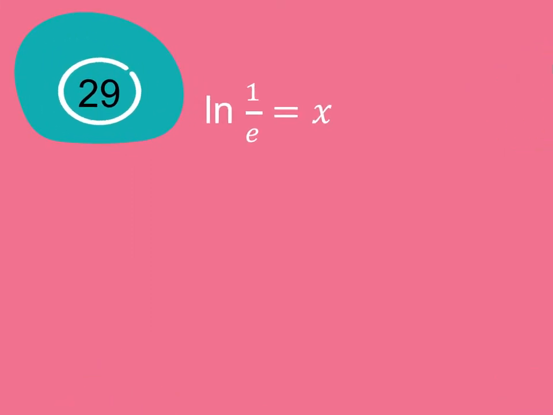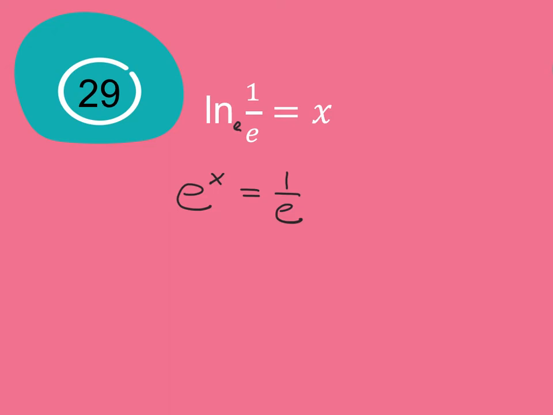So here we have our natural log form. We are going to change this into exponential. So let's go ahead and rearrange. Again, you can assume the little e here. So this is the base, then the exponent is the x, and the answer is 1 over e.